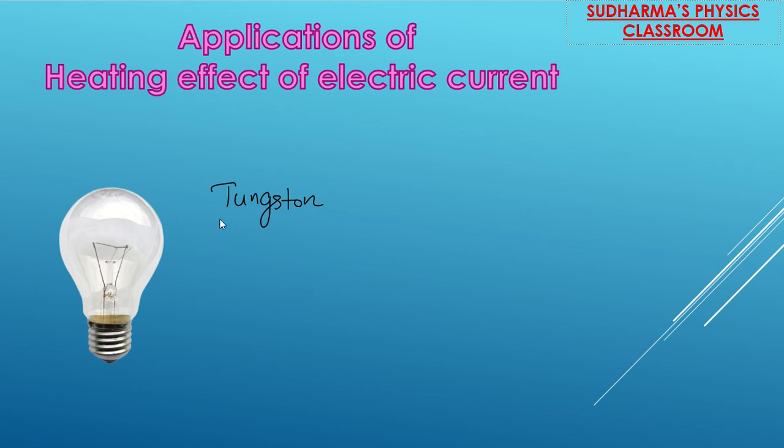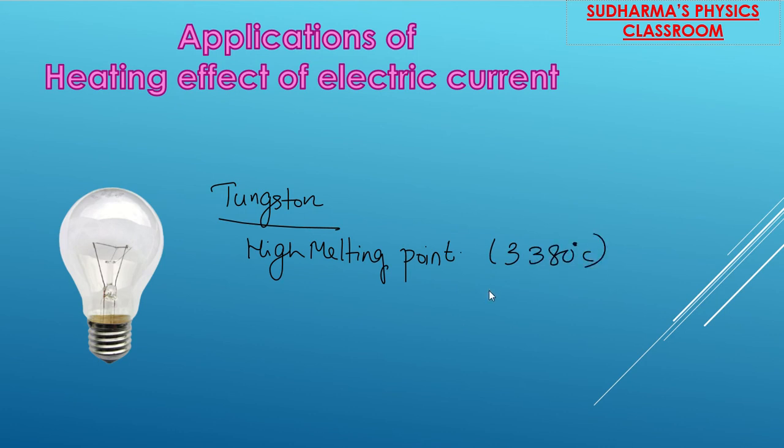But tungsten has a very high melting point. This is one of the important properties, around 3380 degrees Celsius, approximately.